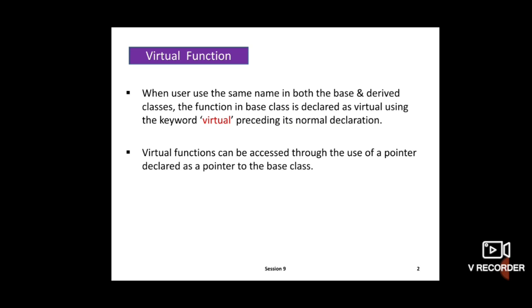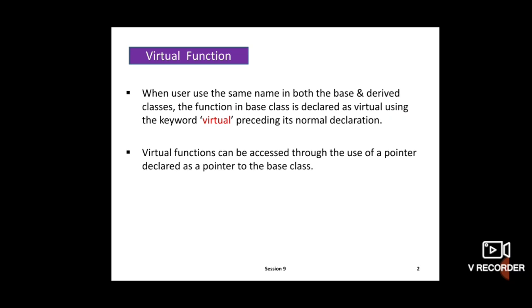See here, virtual functions can be accessed through the use of a pointer declared as a pointer to the base class. Student, here we use the same method but slightly different. What is the difference?